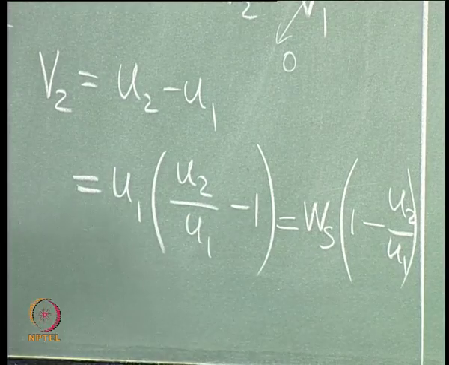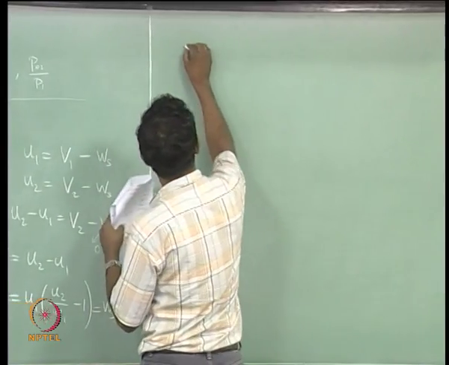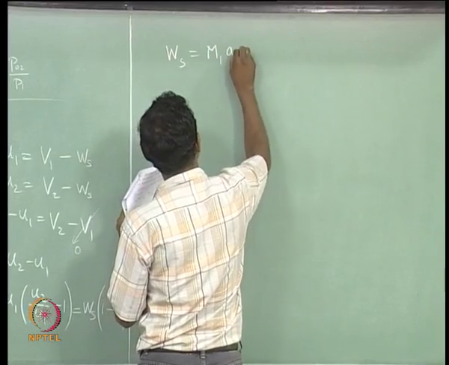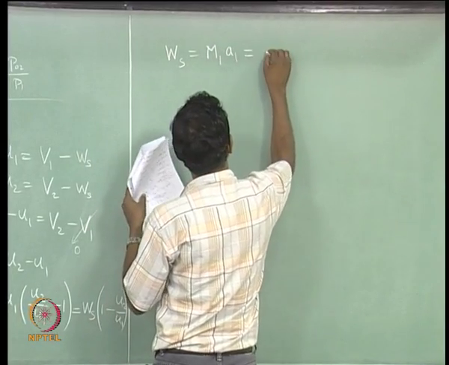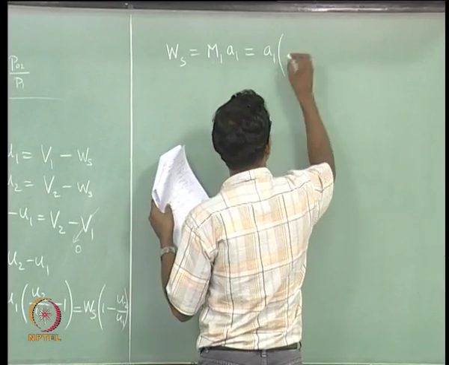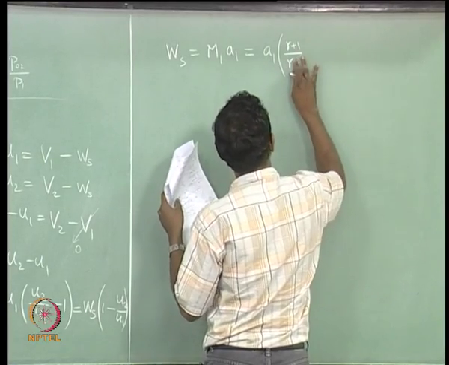Now I will go and write a better expression. I am picking up one of the relations which we wrote before, it should be 2 gamma.